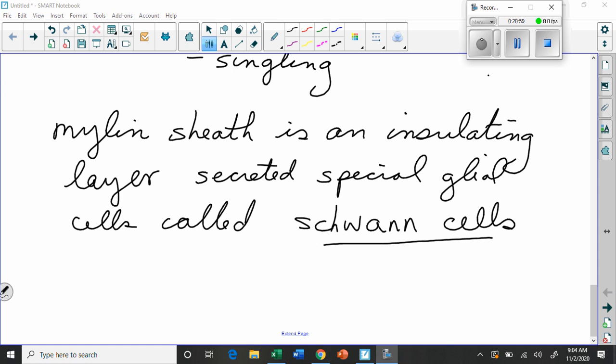The myelin sheath is an insulating layer secreted by, went so fast here, special glial cells called Schwann cells. So they're a type of glial cell that secrete this myelin on some of the pathways. Typically, we find these in the peripheral nervous system, in the nerves running from the spinal cord out to the body and back, because they have to go such long distances, right?